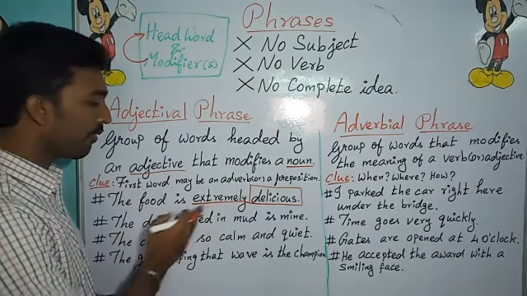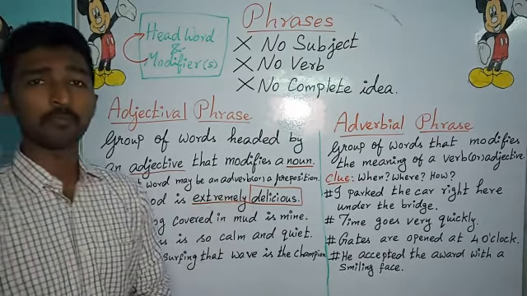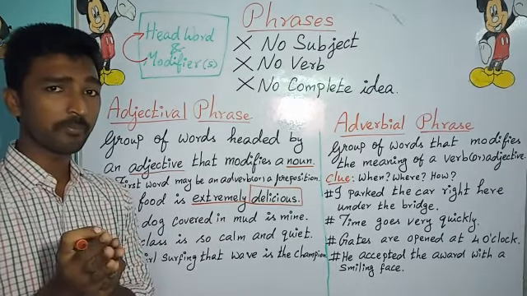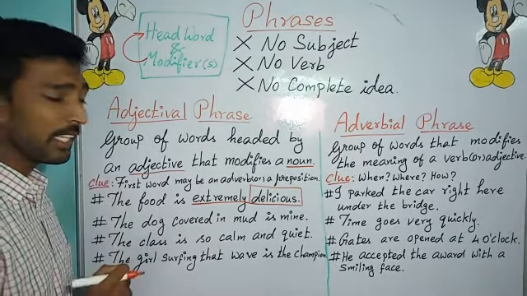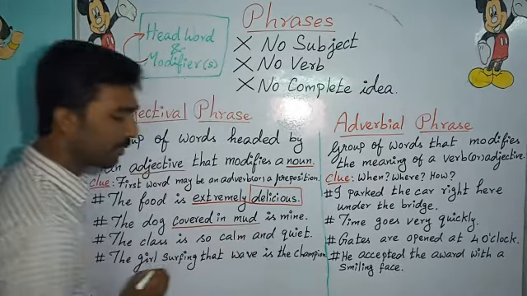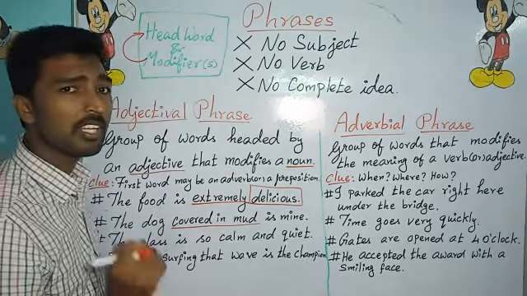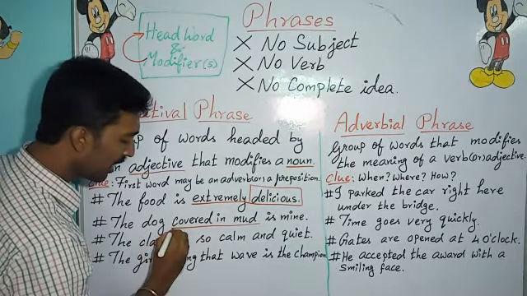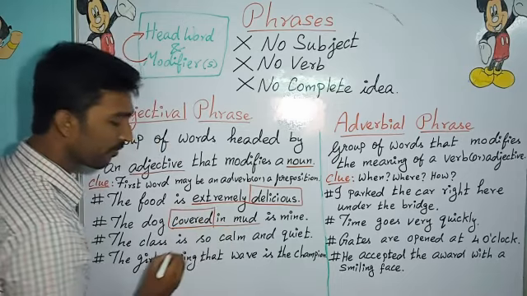The dog covered in mud is mine. Can you find the adjectival phrase here? It's very easy. The adjectival phrase here is covered in mud. Then what's the adjective? The adjective here is covered.